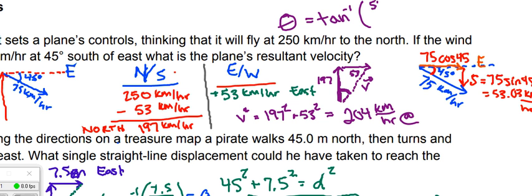The way you find that angle, tangent inverse of opposite over adjacent. Tangent inverse, 15 degrees. 15 degrees east of north.